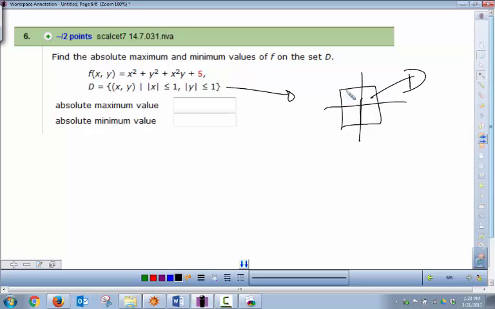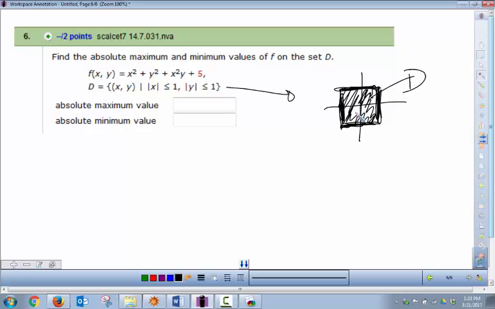D is going to be everything in here, and more importantly, we're also counting the boundaries. What we're saying here is that this graph will attain its global max and min within this boundary.